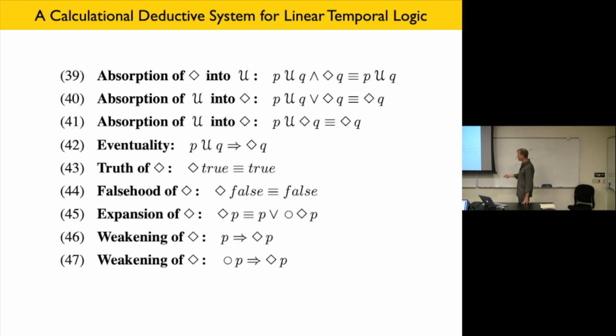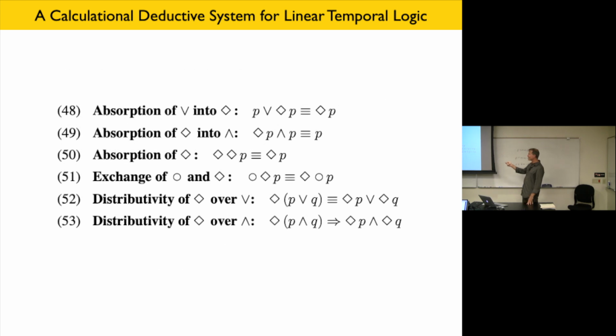Okay. So here's a bunch of others. Here's another weakening: next P. If next P is true, that implies that eventually P is going to be true. Do you see what I mean? So next P implies eventually P. And look at this. Now this is an interesting one.